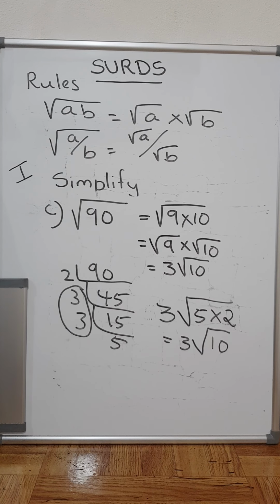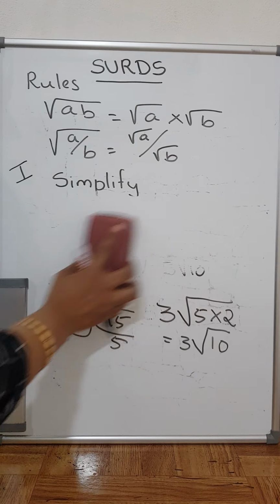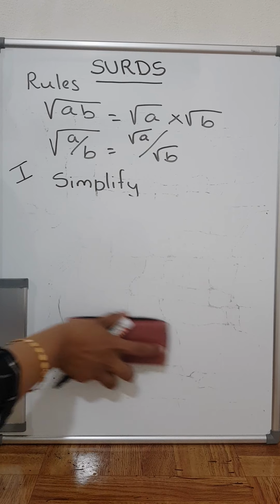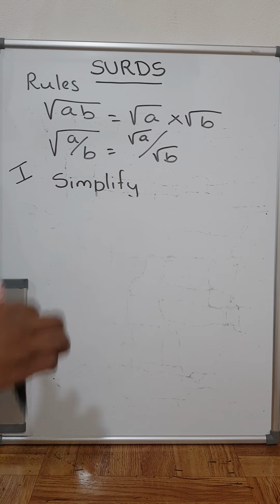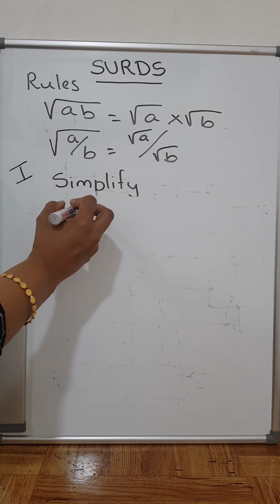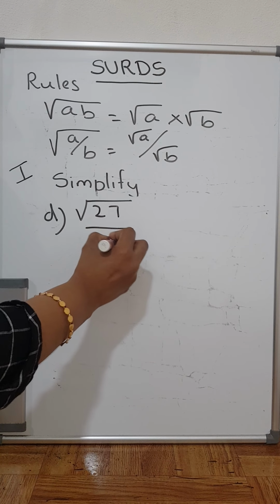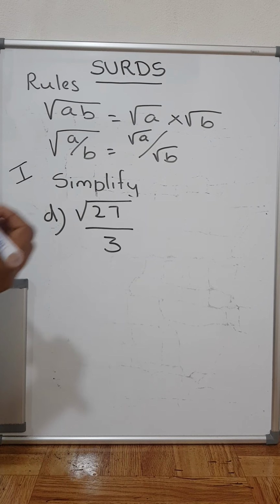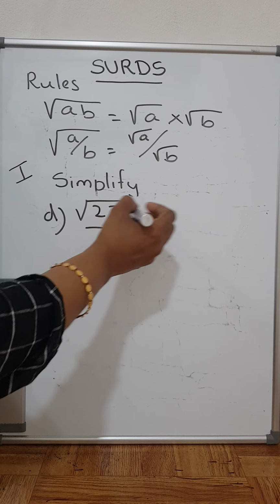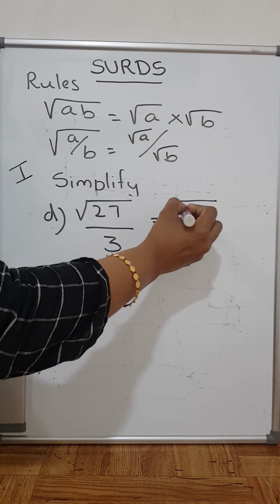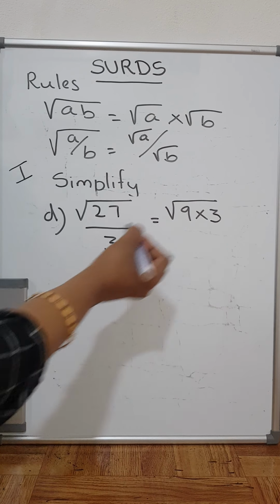Let's see another example. Square root of 27 divided by 3. See, 27 can be written as 9 times 3, where 9 is a perfect square.